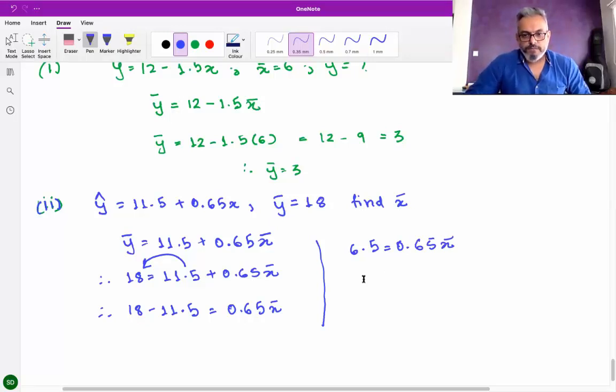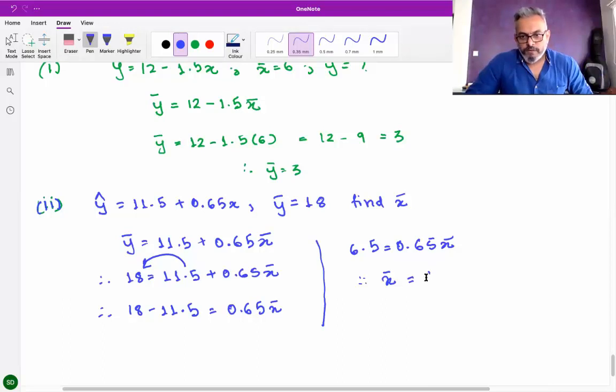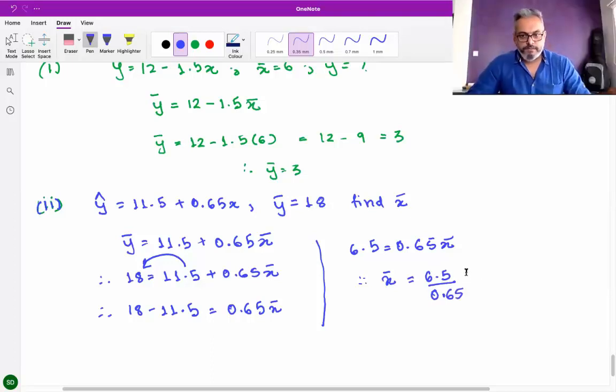Therefore, x bar is equal to 6.5 upon 0.65, which is equal to 10. Therefore, x bar is equal to 10. Answer.